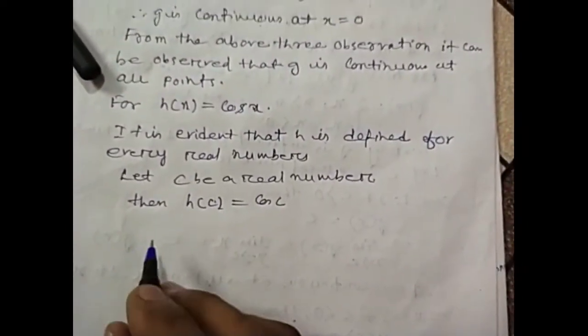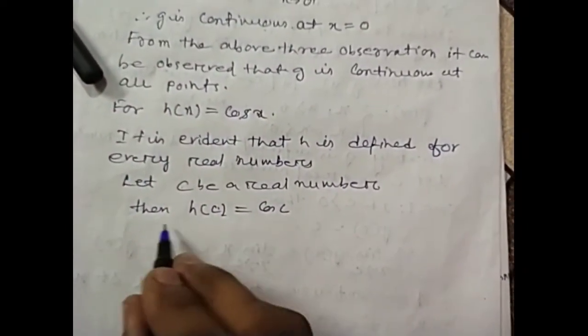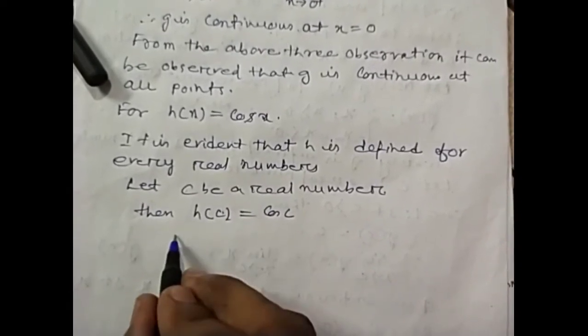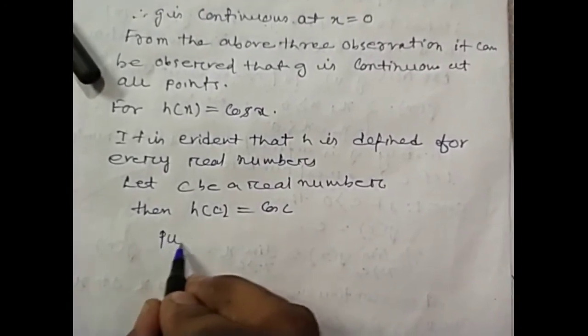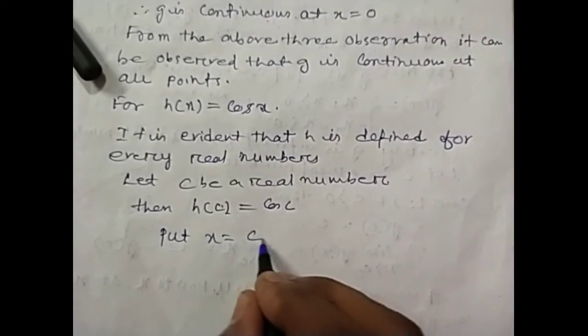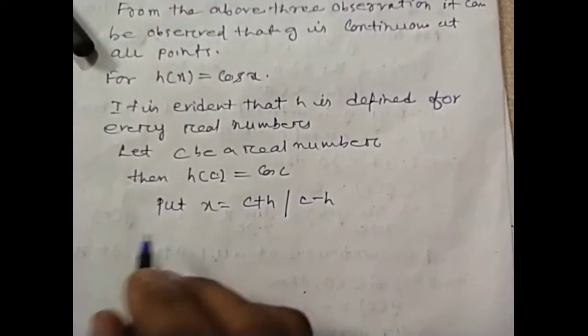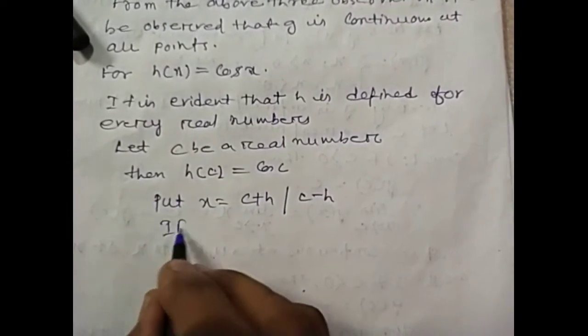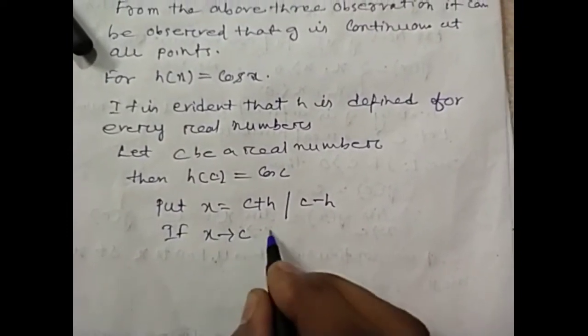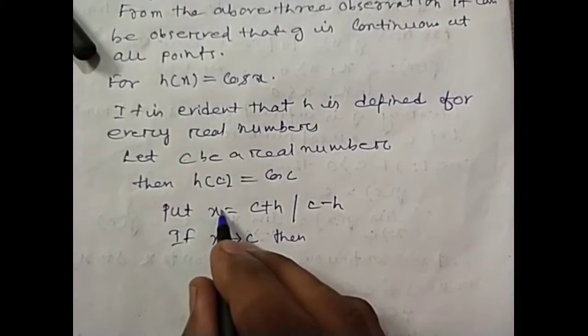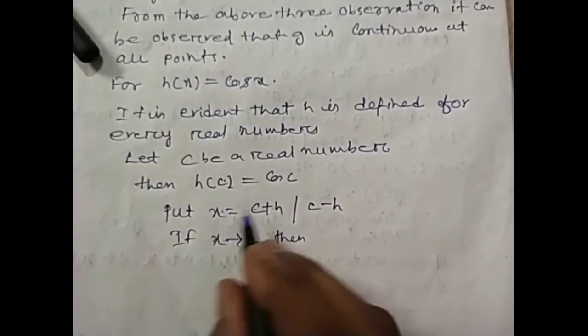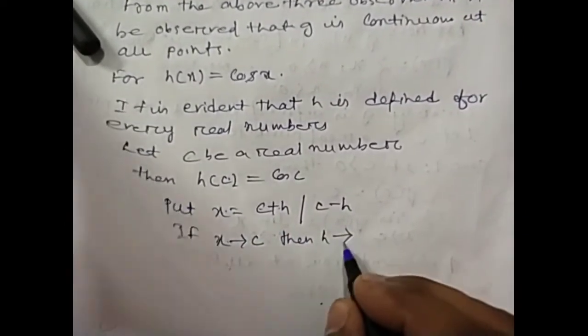Then h(c) equals cos c. Put x equal to c plus h, or you can put c minus h, any one. If x tends to c, then c gets cancelled, so h equals 0, so h tends to 0.